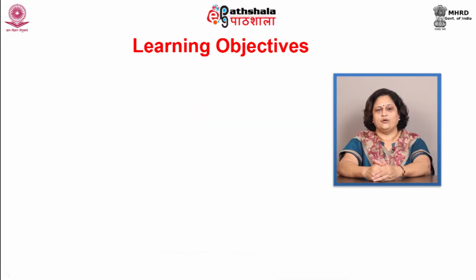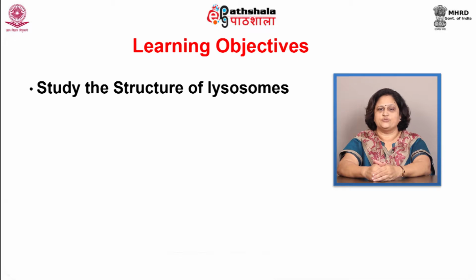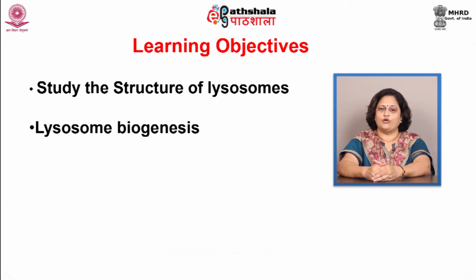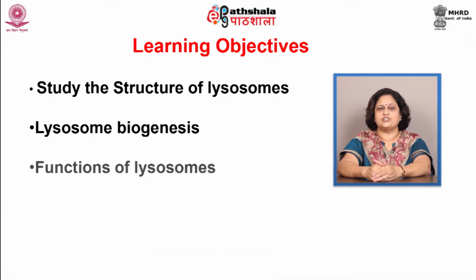These hydrolases would break down the foreign materials as well as they break down the cellular components also. Now, the learning objectives for this module are: first one, structure of lysosomes; second one, biogenesis or formation of lysosomes; and third one, functions of lysosomes.